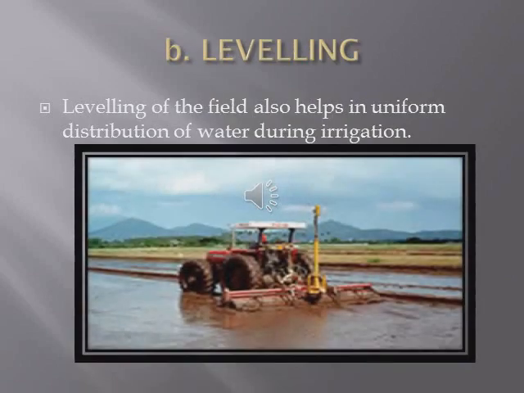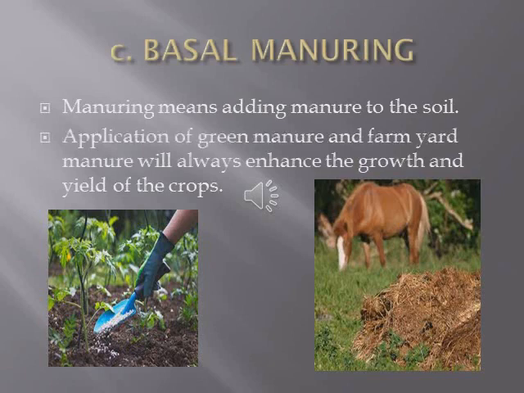Now let's see about the next method of soil preparation, leveling. Leveling of the field also helps in uniform distribution of water during irrigation. The next method of soil preparation is basal manuring. Manure is organic matter used as organic fertilizer in agriculture.